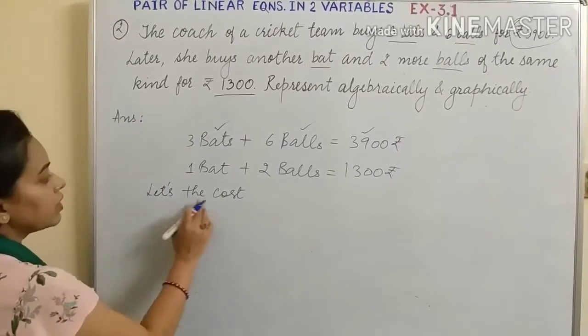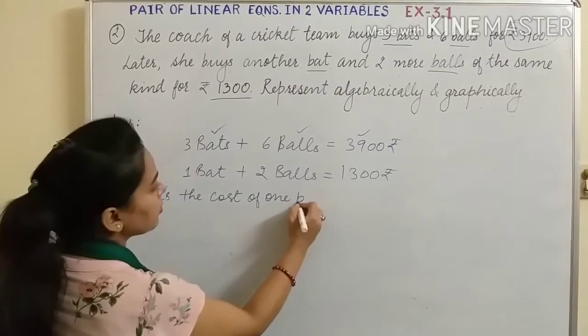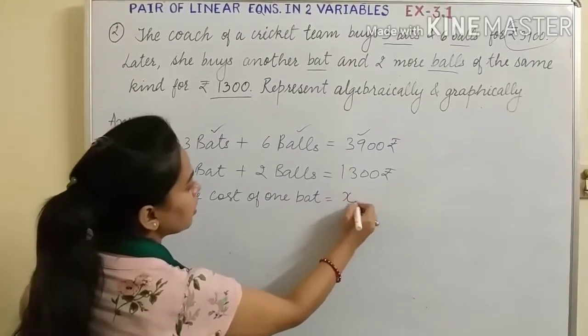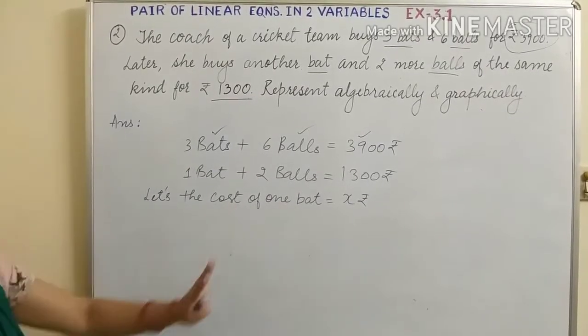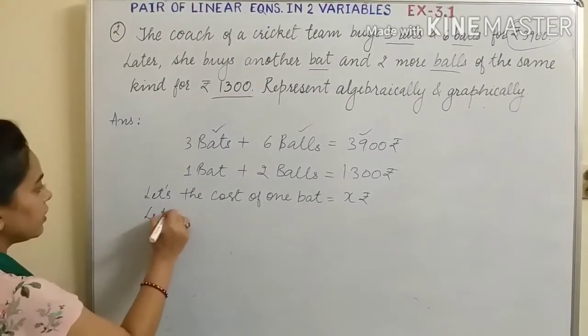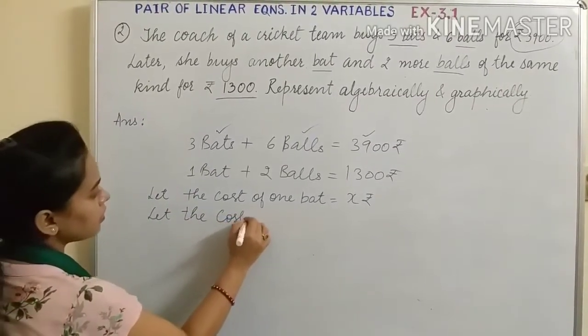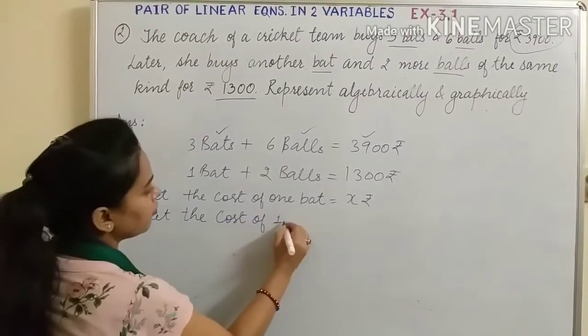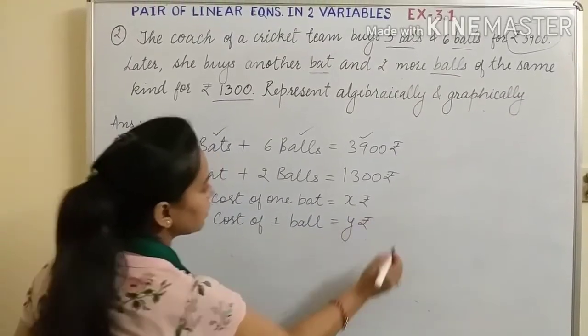Therefore, we will take the cost of 1 bat equal to x rupees, and let the cost of 1 ball equal to y rupees.